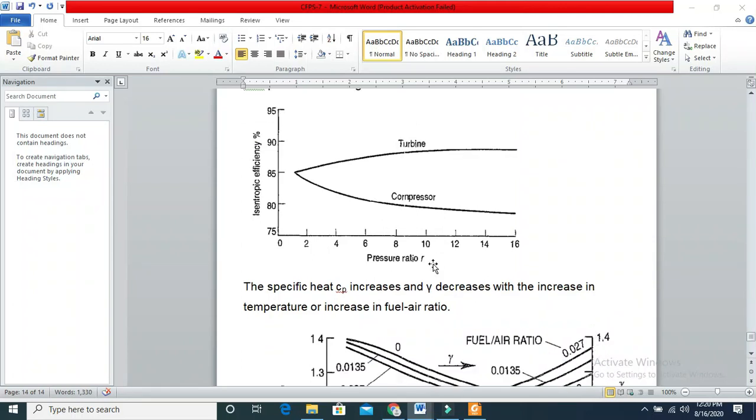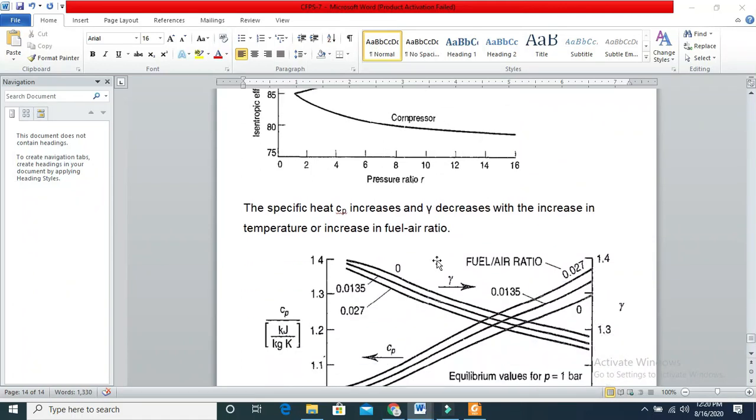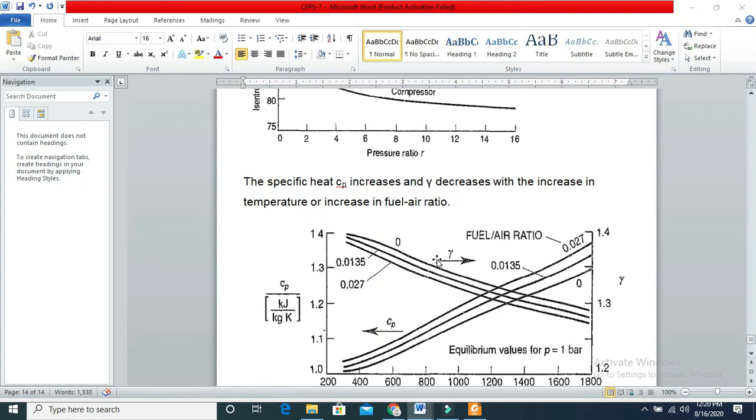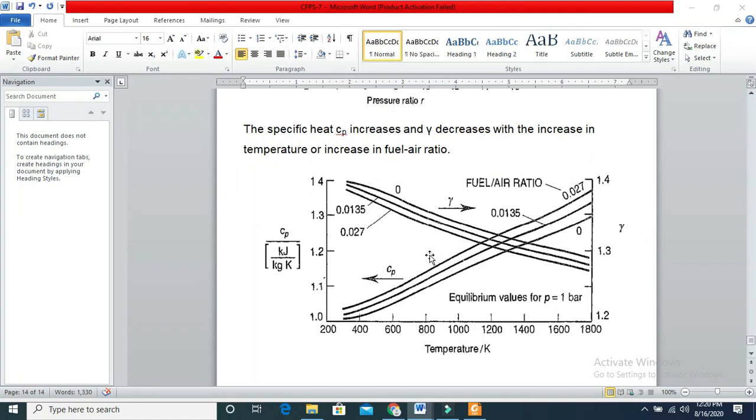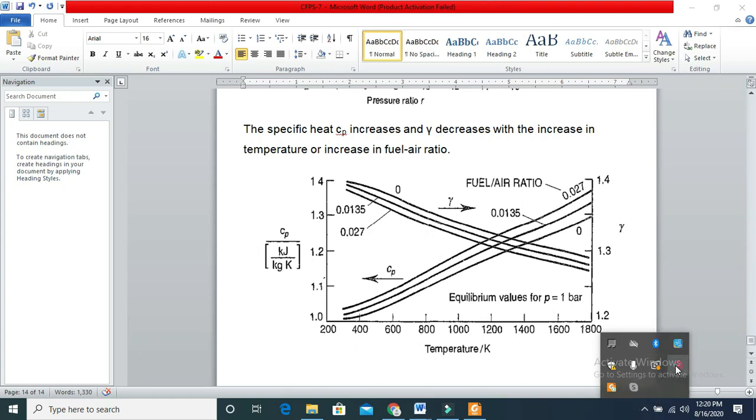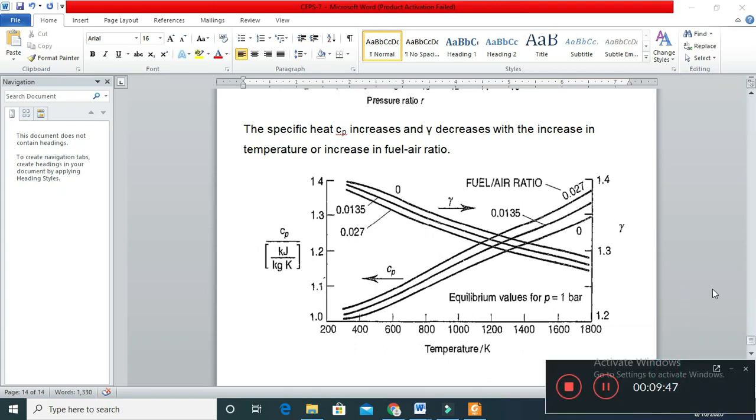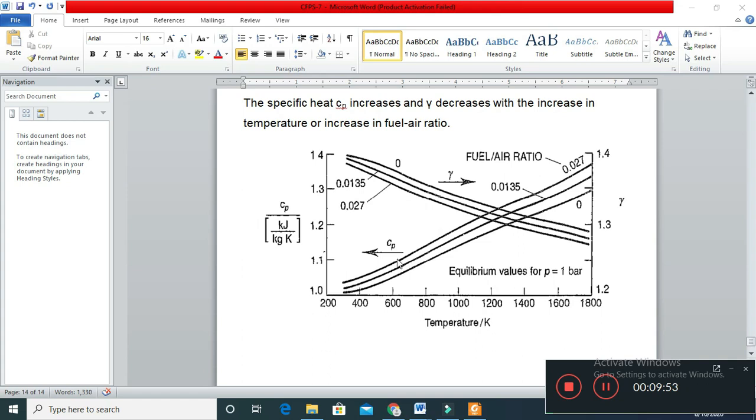In the real cycle, the efficiency is not 100%, and we have to modify our relations to calculate the actual performance of the gas turbine cycle. Another difference between actual and ideal cycle is that the specific heat and ratio of specific heat are not constant. The specific heat increases with the increase in temperature. So the specific heat of the fluid in the turbine will be more when compared to the fluid in the compressor.